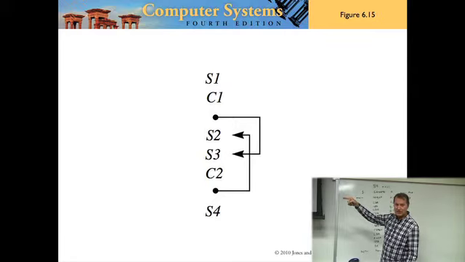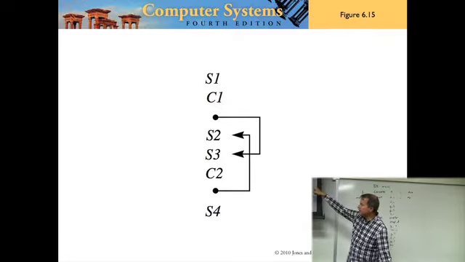Do you see what I mean? There's nothing to prevent you from testing a condition, and if that condition is true, going to S3, and if it's not true, going to S2. But then, after S3, you test condition C2, and if C2 is true, you go up to S2.